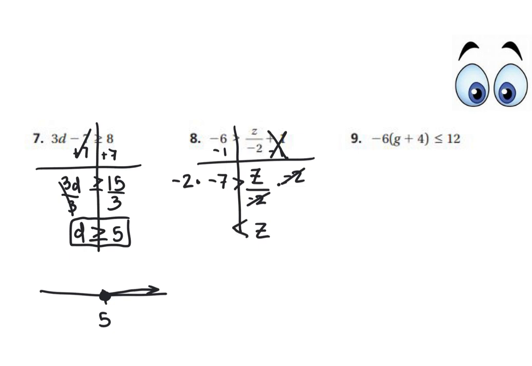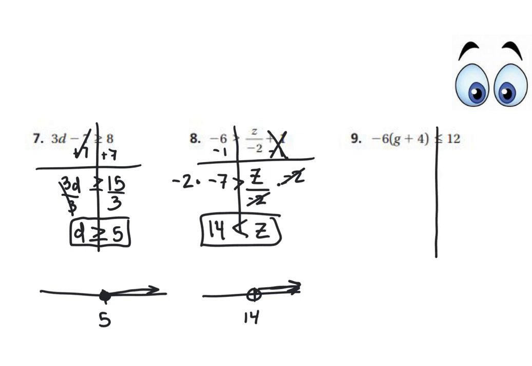Negative times a negative here on the left side is going to give us a positive 14. Open circle, Z is greater than 14, arrow pointing to the right.